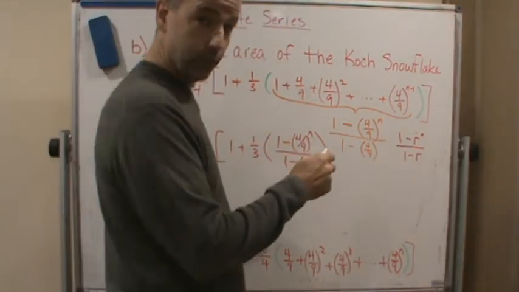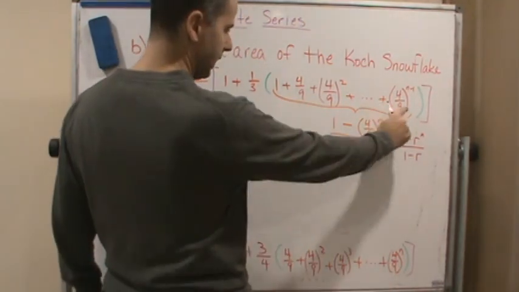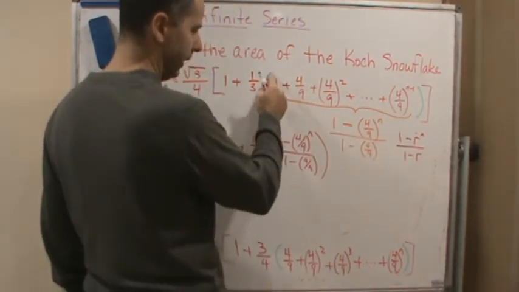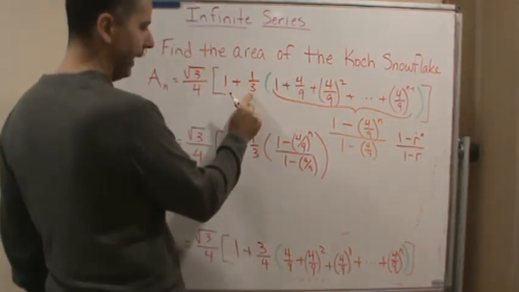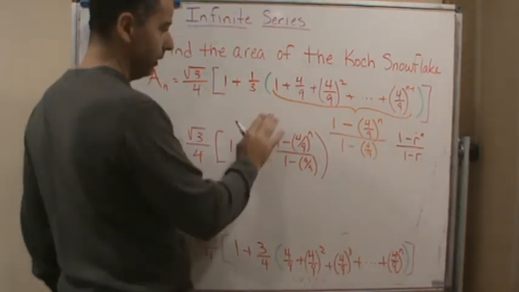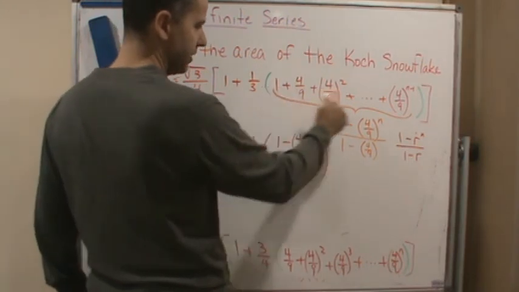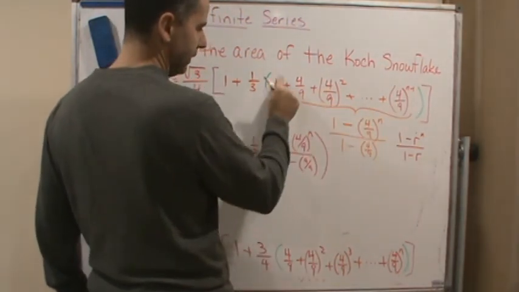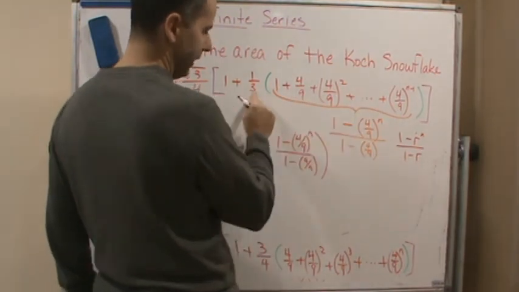Remember the a over 1 minus r, but in this case, for this piece right here, a is just 1, right? So the leading coefficient. Now I call a 1/3, but again, it doesn't really matter because it's just multiplication. If you use this sum here, then a is 1, but you could multiply through by 1/3 and then a becomes 1/3.